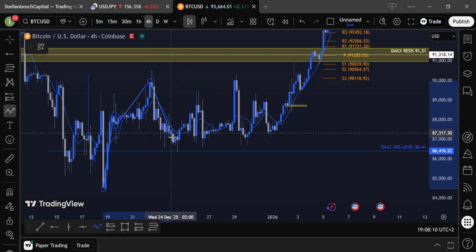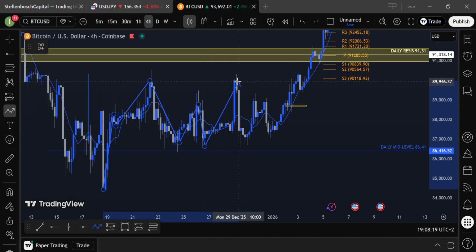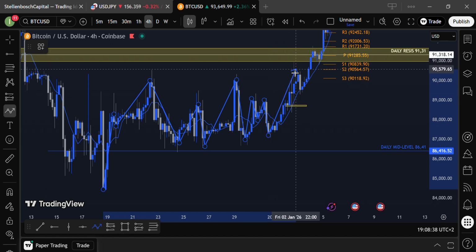That's a high. That's a higher low. High, higher low, higher high, because basically this candlestick closed above this wick, meaning that it is above the previous high, and then it gives us a higher low. That's a high, higher low, high, low, then price just goes up.